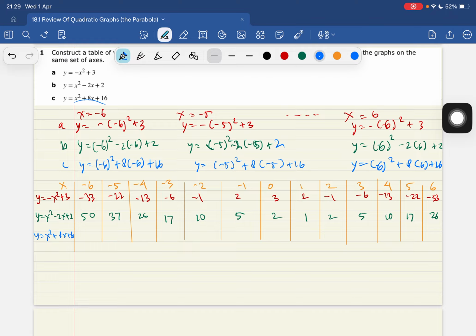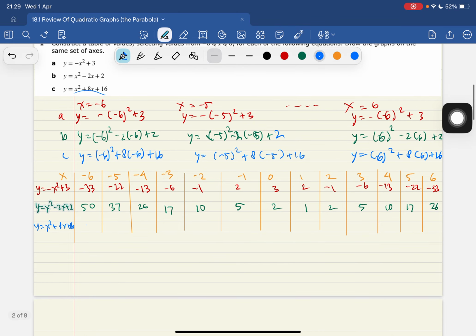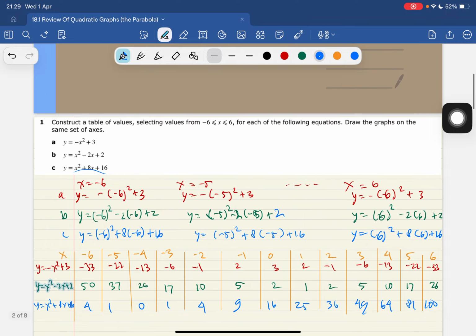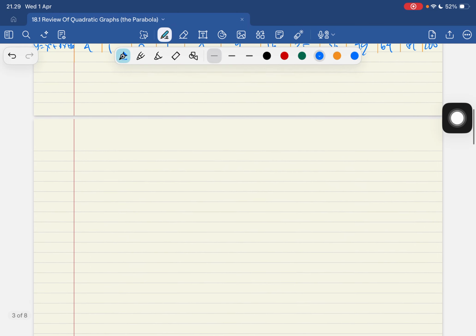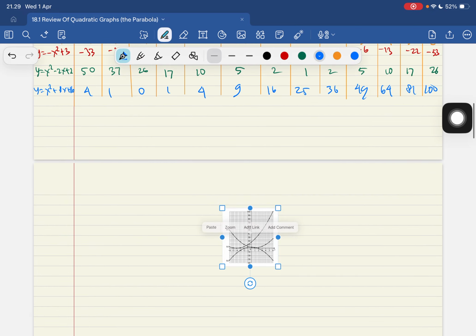Just substitute for each of the values from -6 until 6. So we get 4, 1, 0, 1, 4, 9, 16, 25, 36, 49, 64, 81, and 100.